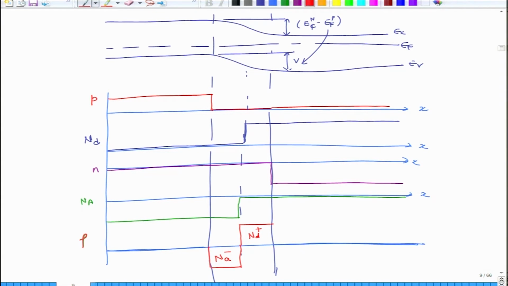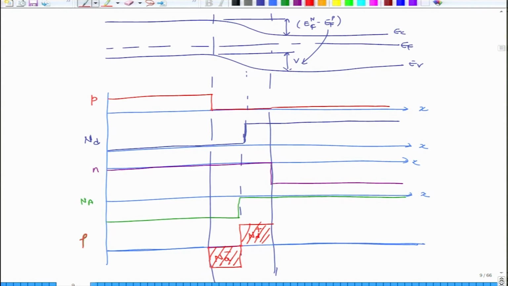This is what is the depletion region. You have only ionic cores left, there are no free carriers there, and basically the amount of charge which is here is equal to the amount of charge which is there, alright.